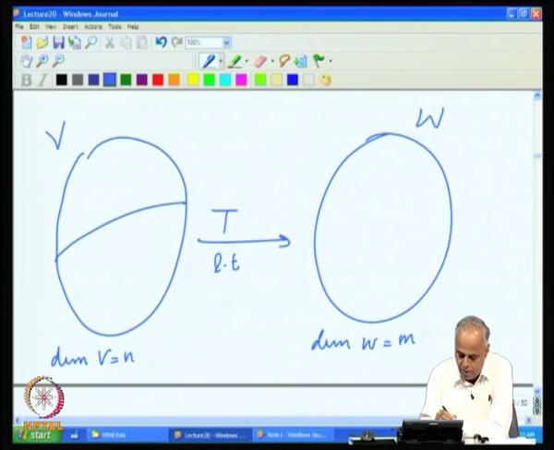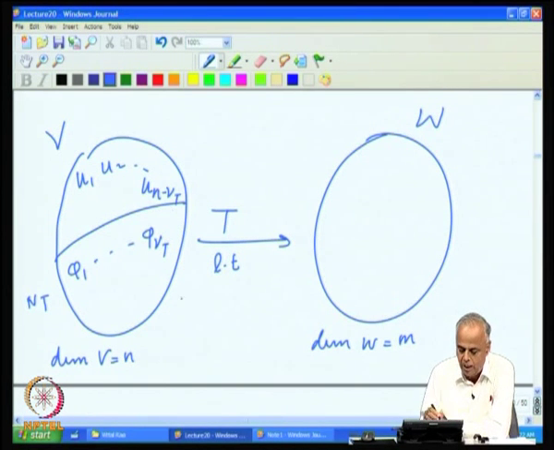Then you pick a part of it which is called the null space of T. You start with a basis for the null space of T, extend it to a basis u1, u2, ..., u(n minus nu T). From there together we get a basis for V.